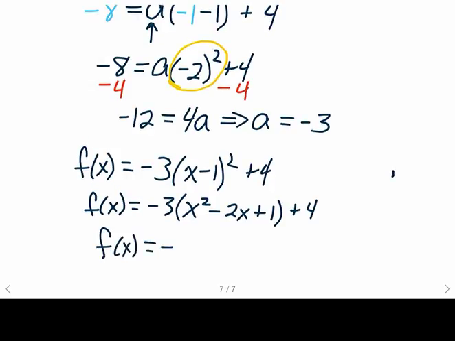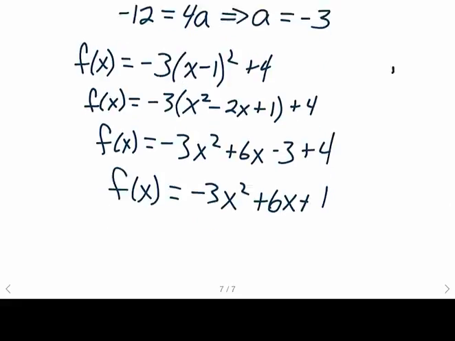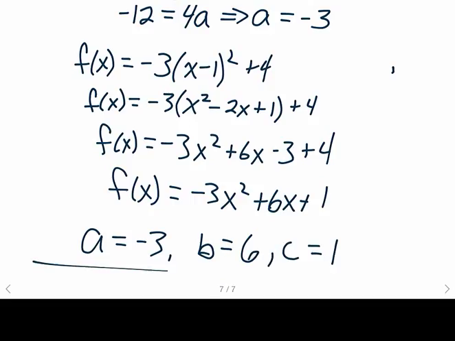F of x is equal to -3x squared plus 6x minus 3 plus 4. Finally, we can say f of x is equal to -3x squared plus 6x plus 1, giving us that a is equal to -3, b is equal to 6, and c is equal to 1.